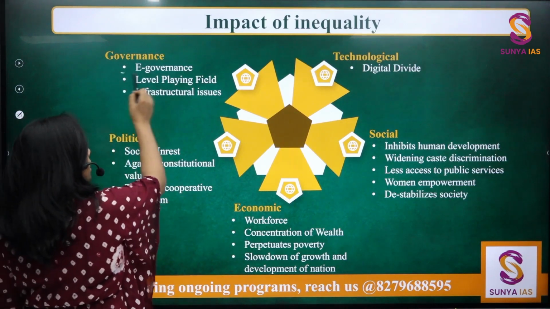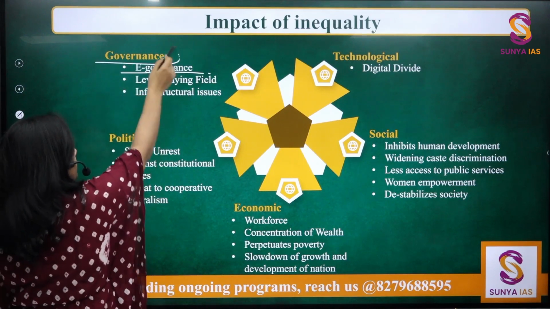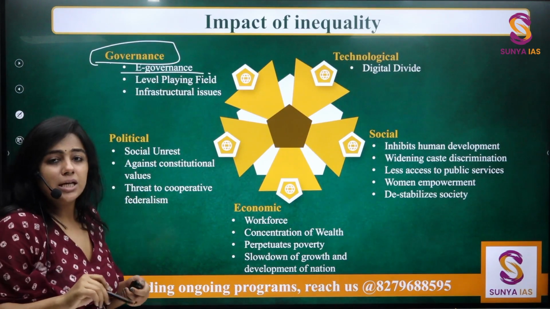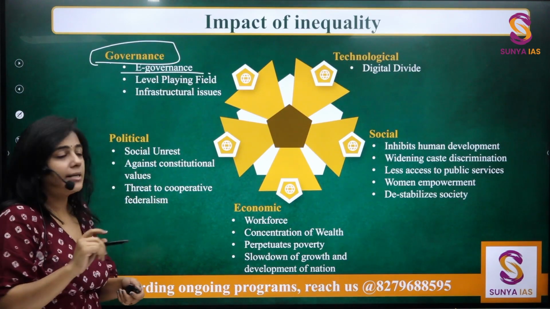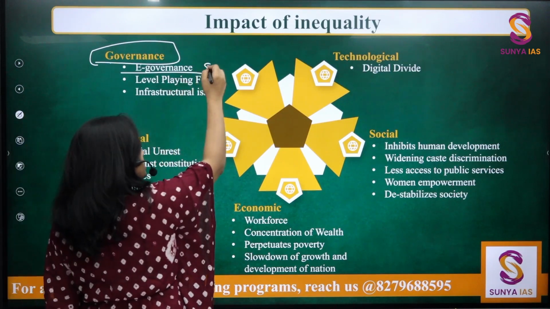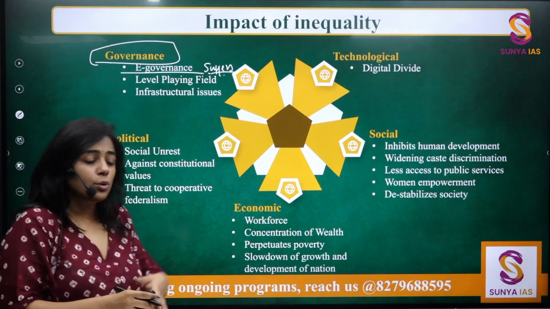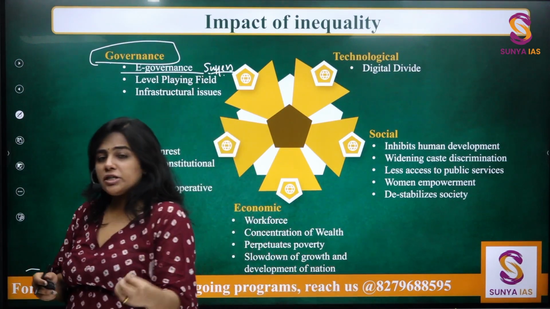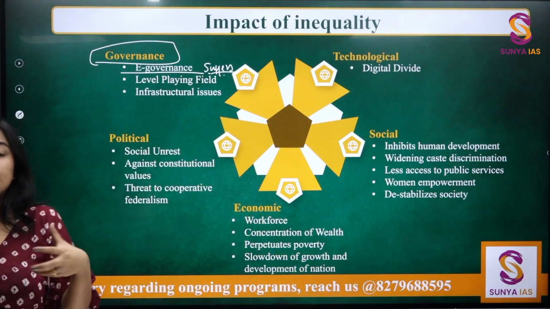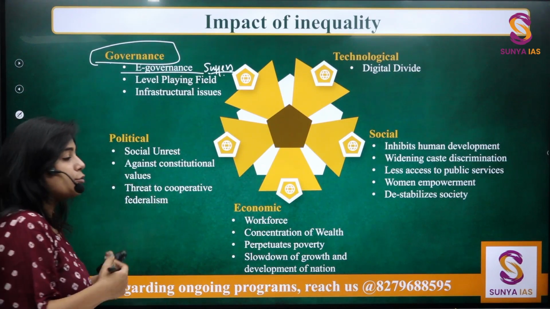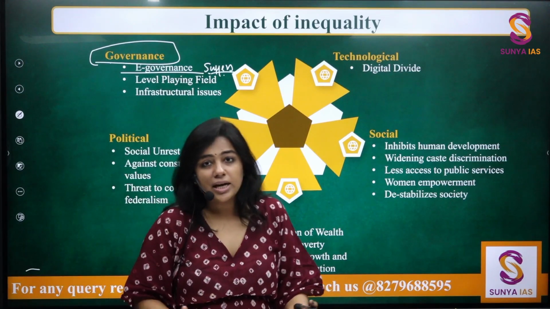So when we talk about impact on governance, when there is wealth inequality, e-governance suffers. As I told you, people will not be able to take up the initiatives that the government is running. People will not be able to understand how to use them, right?